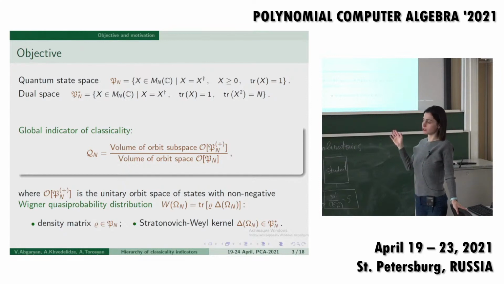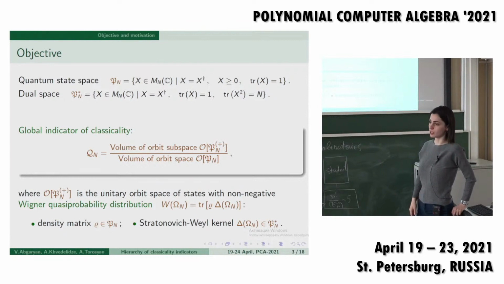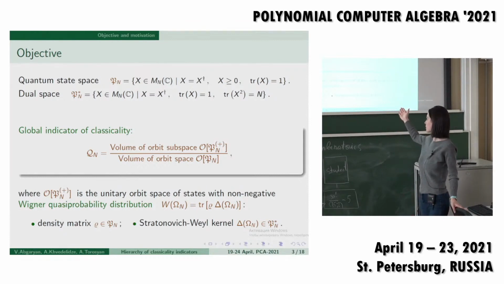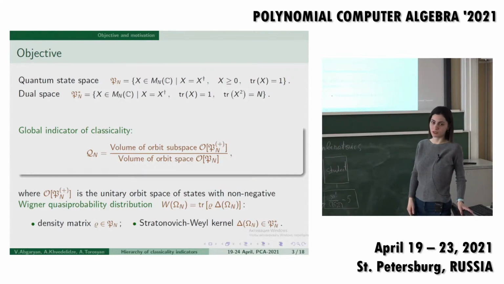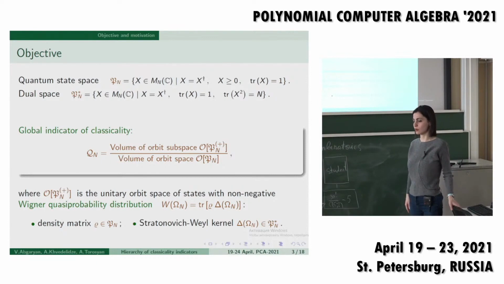The density matrix ρ is from the quantum state space Pn, and the Stratonovich-Weyl kernel delta is from the dual space P asterisk, and the trace of their product is the Wigner function. The Wigner function possesses some properties of a classical statistical distribution, but for some states it has negative values.